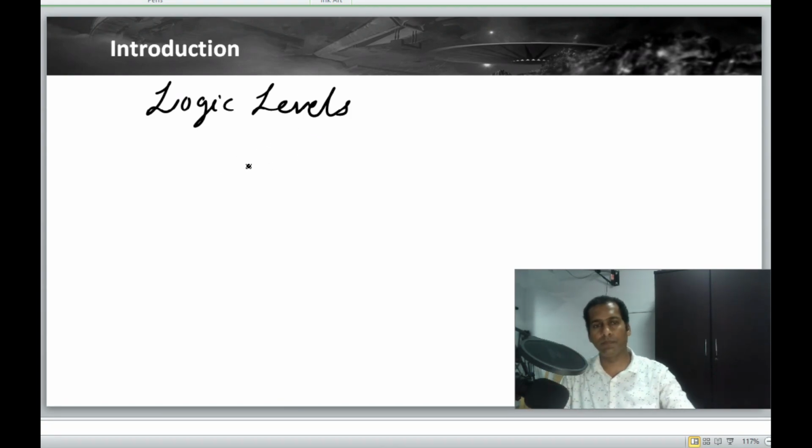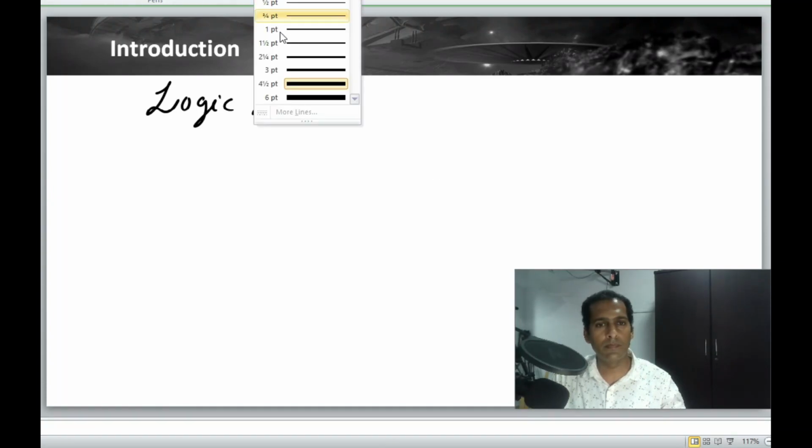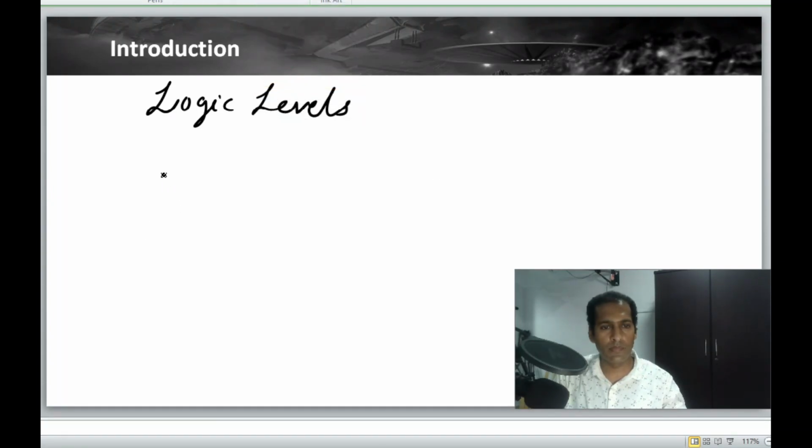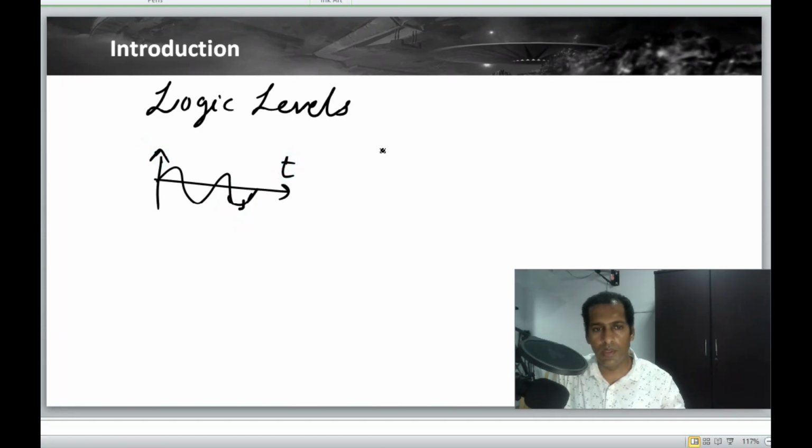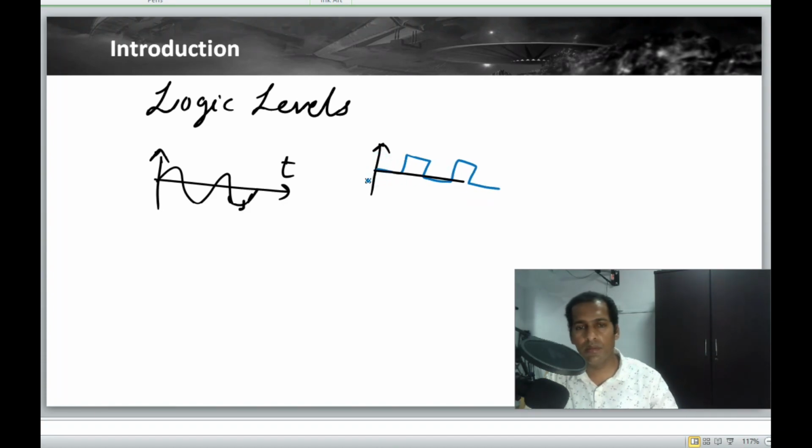We'll take two graphs. This is some analog graph, where the signal is changing with respect to time. And for digital, the graph will have only two values, one plus and another minus. So we'll have only plus, minus, plus, minus, like these signals.